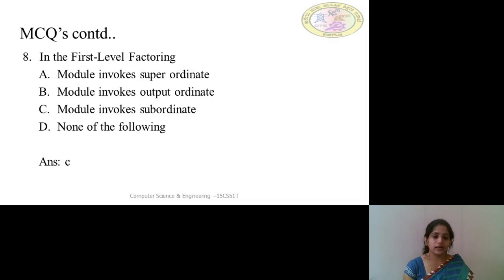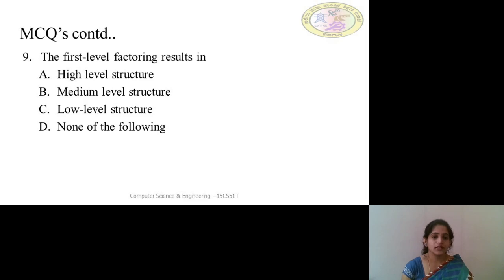As we know, in an example, the first level factoring of the ATM, the main function will call all the subordinate functions like account number, transactions, retrieve the account database. These are the subordinate functions, and main is the superordinate function or module. So the best option here is option C. The main module always invokes the subordinate modules. So the best option here is option C.